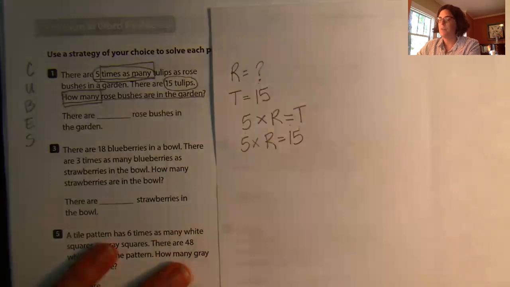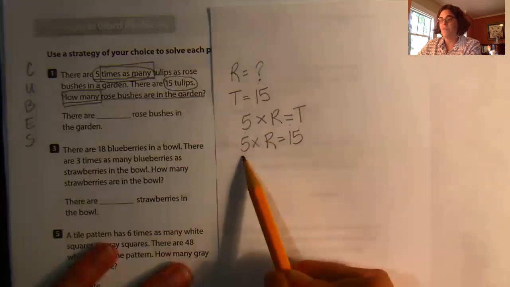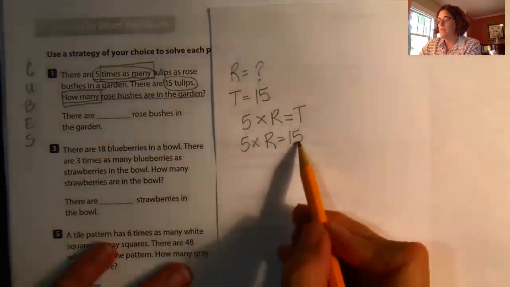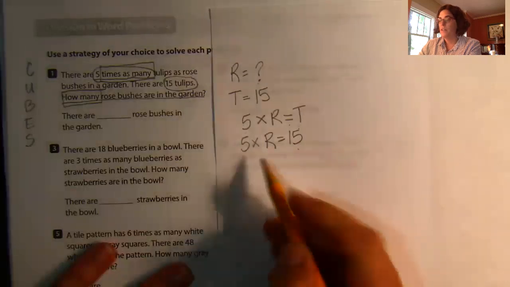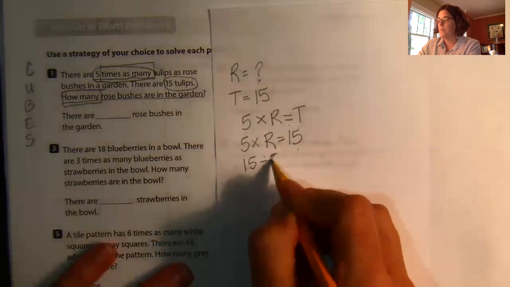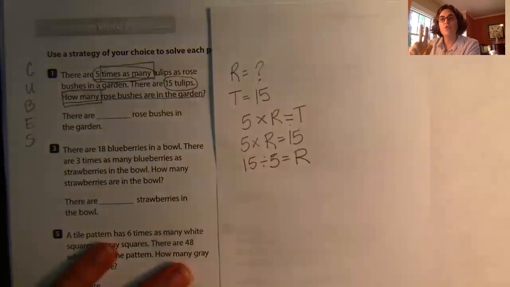This is where division comes in. So we are going to think in our head, what number times 5 gives us 15? Or we're going to be thinking, 15 divided by what equals 5? So we could rewrite this as a division problem to give us R. So those are 2 different ways you can be thinking through this problem.